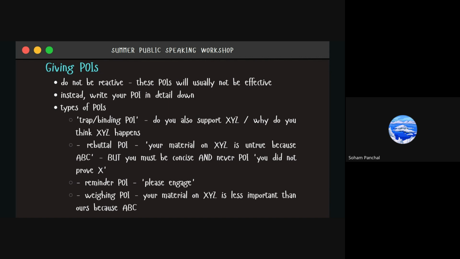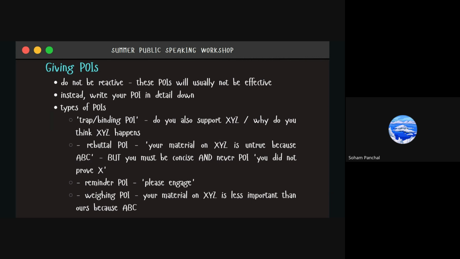Now, another could be a reminder POI, where you say please engage on this case or this topic also. For that, maybe you could get one or two points from the opposition on your own case and further engage on it if they are not engaging with you. Then there could be a weighing POI.